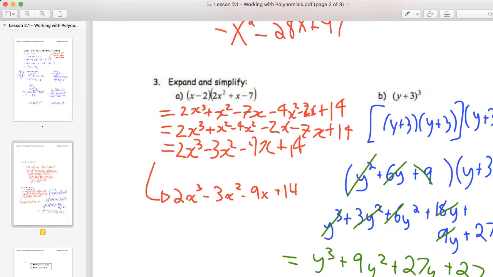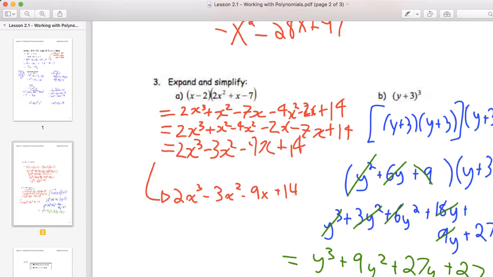So we have x times 2x squared, which becomes 2x cubed. And then after that, we have x times x, which is x squared. And then we have x times negative 7, which is negative 7x. And then we're done with the x in our binomial.